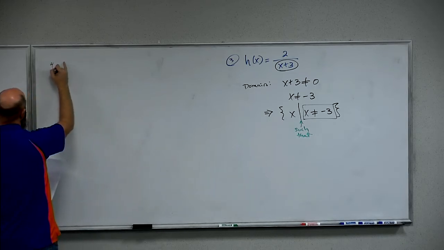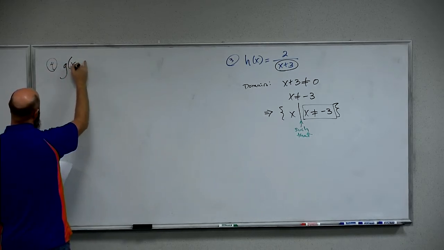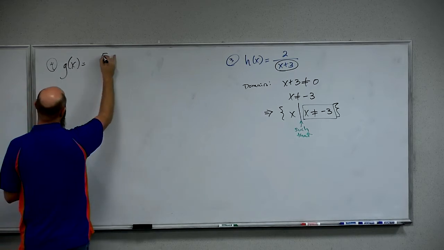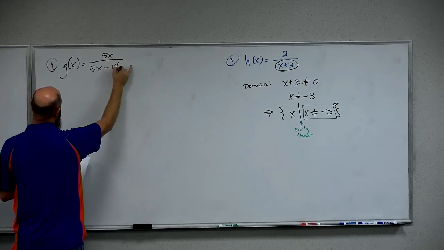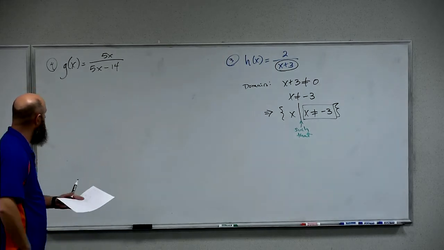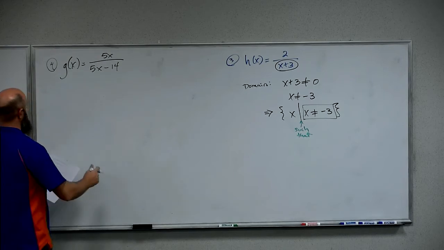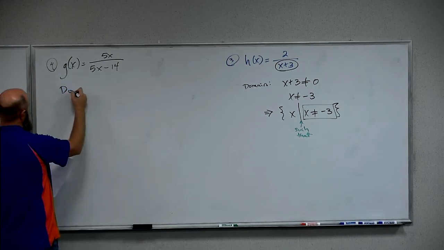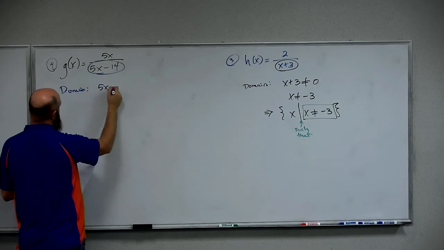All right. So let's look at just a couple more. Right here, I've got 5x over 5x minus 14. And so again, for our domain, we're going to take this bottom, 5x minus 14.